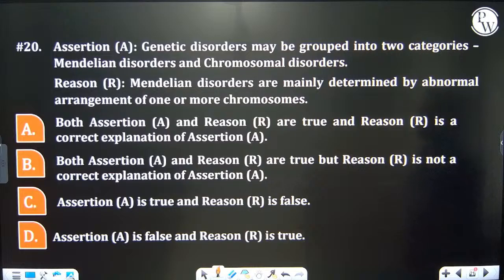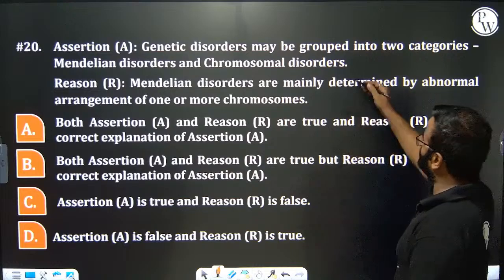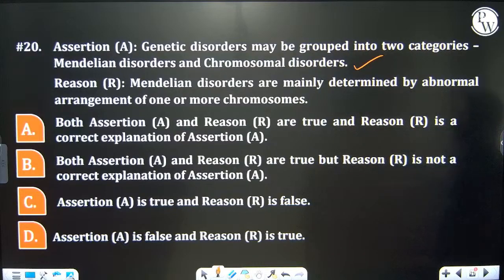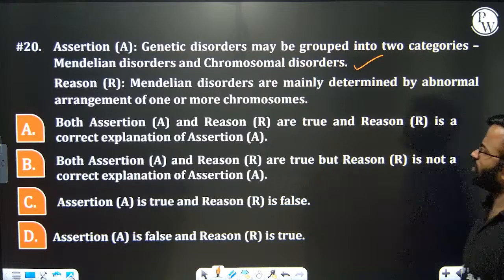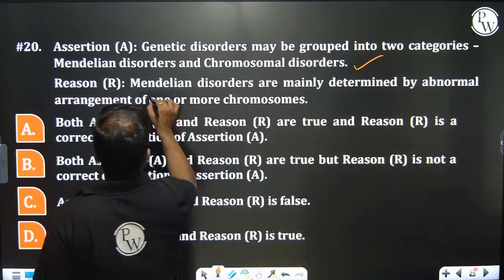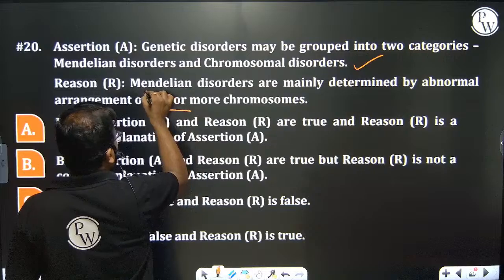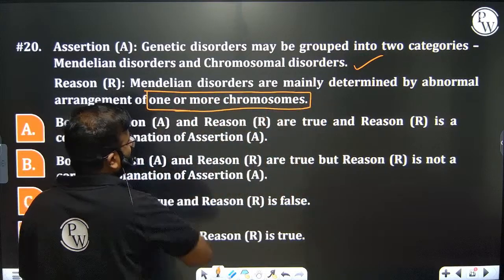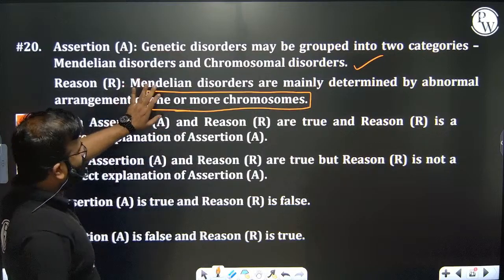Genetic disorders may be grouped into two categories: Mendelian disorders and chromosomal disorders, which is true. Let's see the reason. Mendelian disorders are mainly determined by abnormal arrangement of one or more chromosomes. This part of the statement sounds a little bit funny because this is directly taken from NCERT.